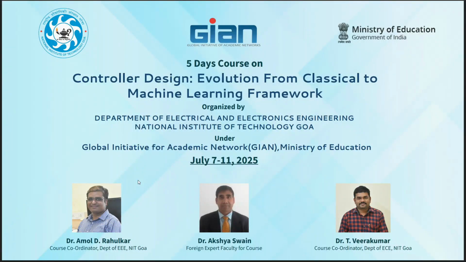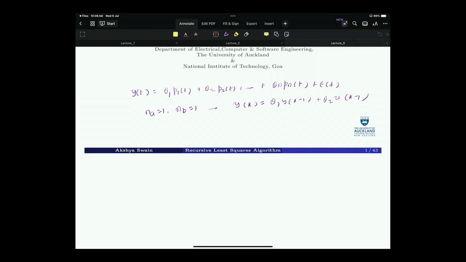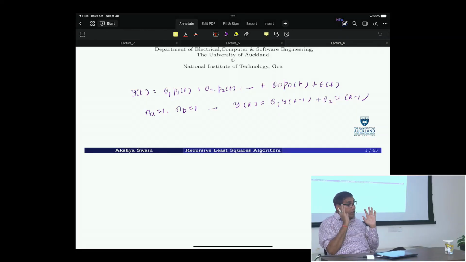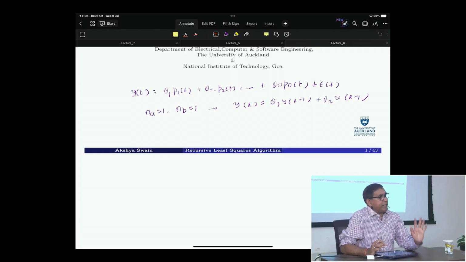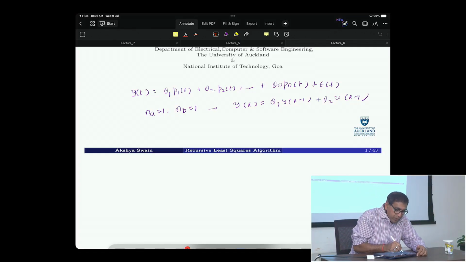Now the question is, you start with NA equal to 1 and NB equal to 1. See the interesting thing which will come up now. And you estimate. So how many parameters are we estimating? 2. Okay. Then you find that things are not okay with the predicted outcome. Then what do you do?